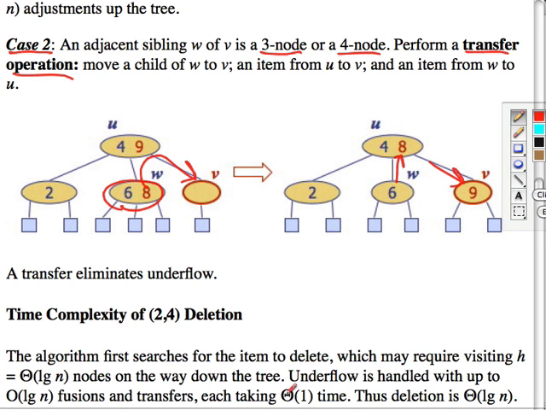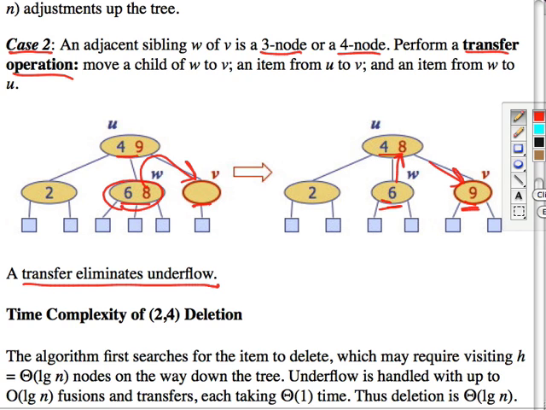So we shuffle keys around, and so this one, which was a 3 node, now becomes a 2 node, and we know that that's safe, that's okay. And this, which was a 1 node, now becomes a 2 node. So transfer eliminates underflow without any need for propagation up the tree, because notice that we did not change the number of keys in this node. This node stayed legal because it's still got a key left, and this node became legal. So there's no climbing up the tree.